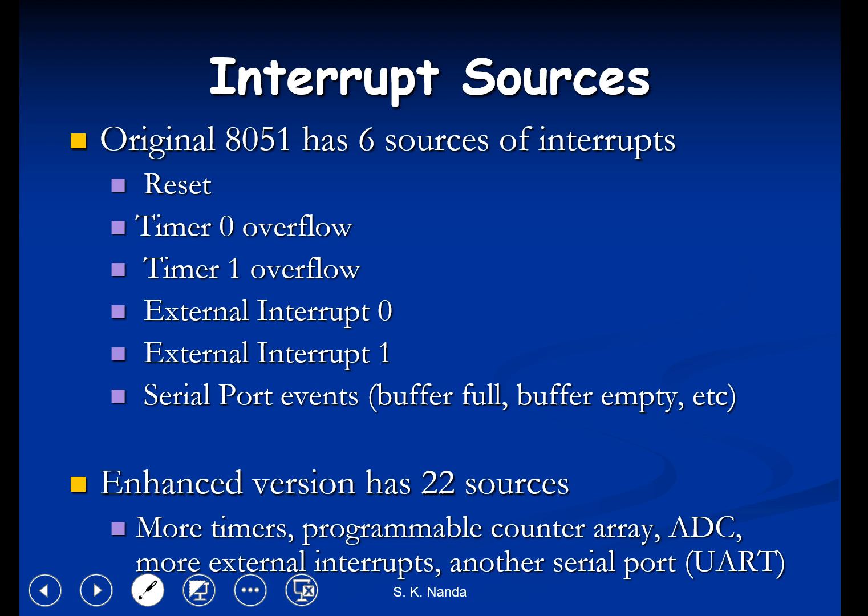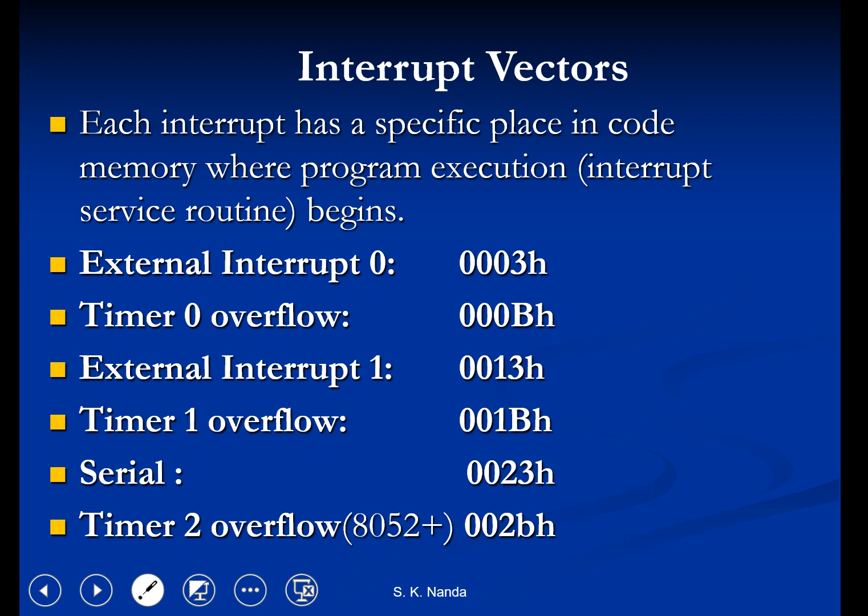When an interrupt occurs, the microcontroller executes the interrupt service routine at the memory location corresponding to the interrupt that enables it. So each interrupt has a specific place in code memory where program execution begins, that is where the interrupt service routine begins. So these are the different places where the interrupt vectors are placed while execution.